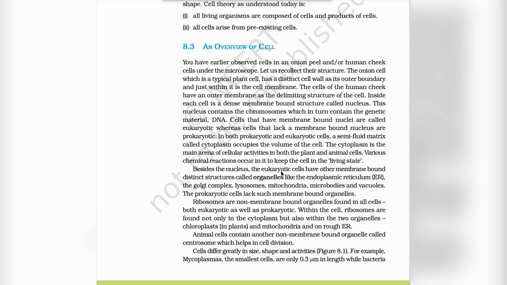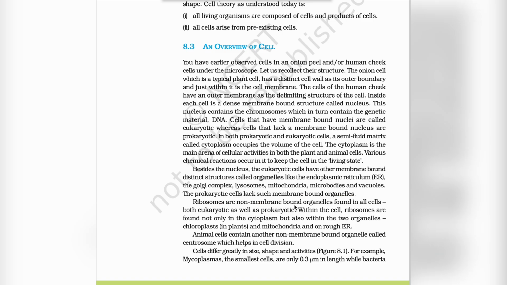Besides the nucleus, the eukaryotic cells have other membrane bound distinct structures called organelles, like the endoplasmic reticulum (ER), the Golgi complex, lysosomes, mitochondria, microbodies and vacuoles. The prokaryotic cells lack such membrane bound organelles.